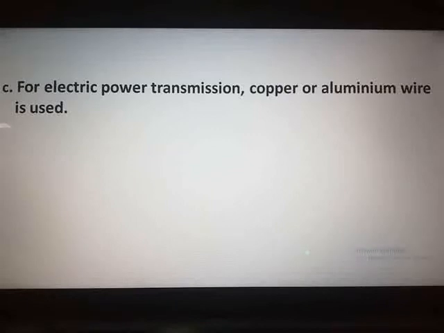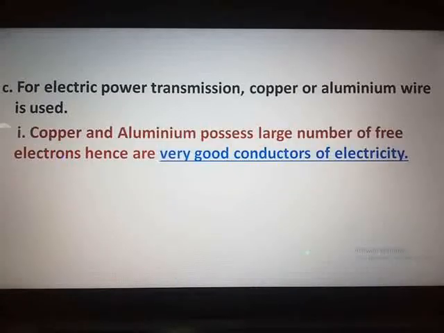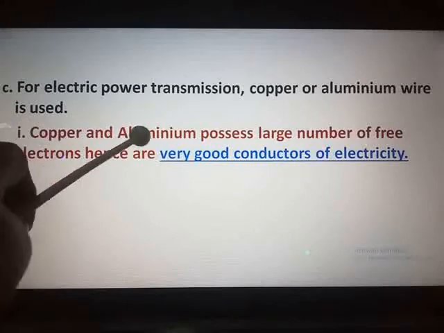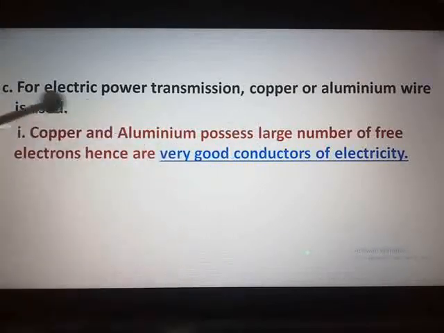That concept here you are going to apply. They have asked us for electric power transmission, that is in electric circuits, why you are making use of copper or aluminium. So the first point is copper and aluminium possess a large number of free electrons and hence are very good conductors of electricity.